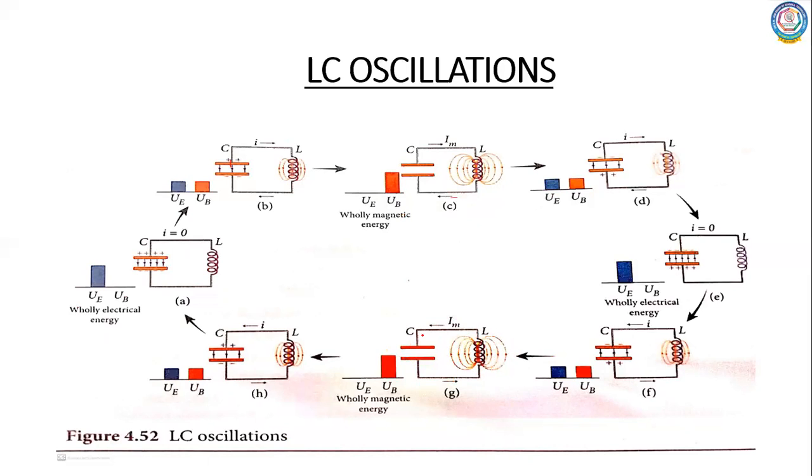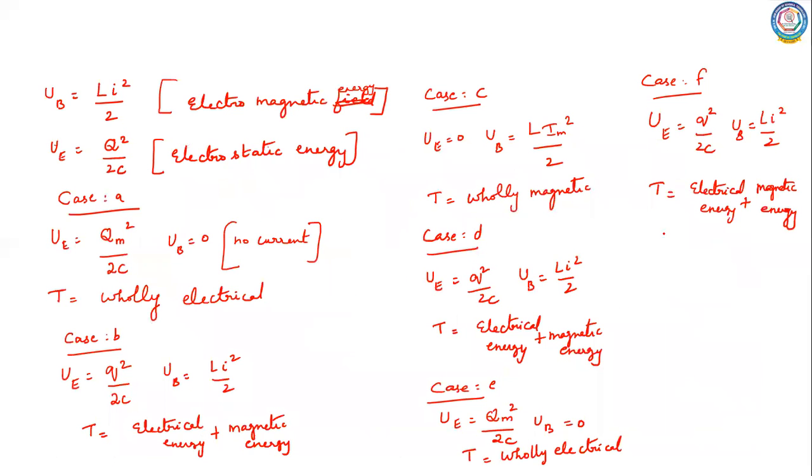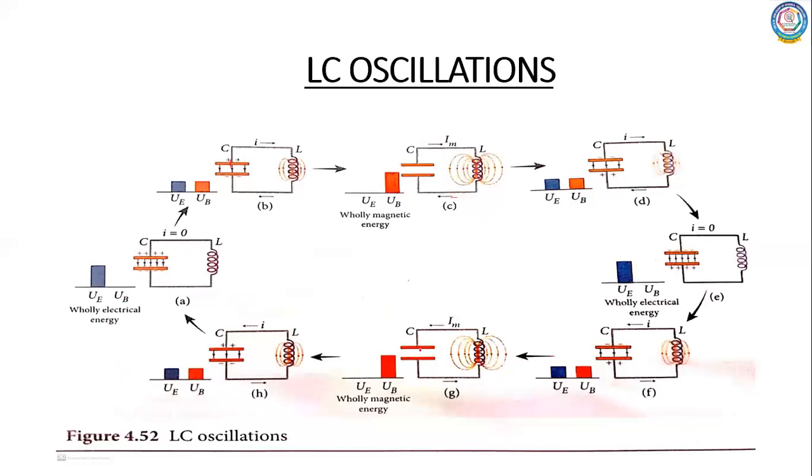So here in case G, you have UE to be 0, UB to be L I m square, because current is maximum. So the total energy is wholly magnetic. Okay, right.